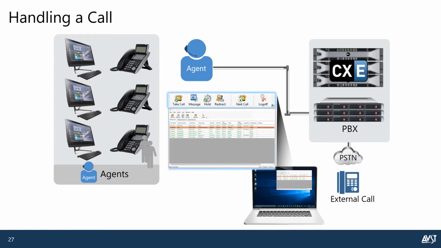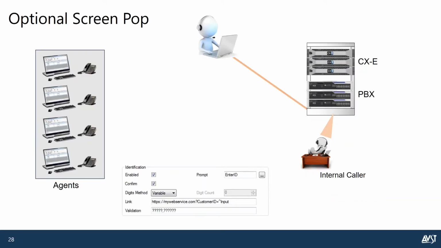The other thing we do a little different manner is screen pops. So when I program up my queue, I can program a client-driven screen pop. Now what that means is, I'm down here in this link, you see I've got a web service, and this is just a web service I built. I built a little demo app once upon a time to show people how it worked.